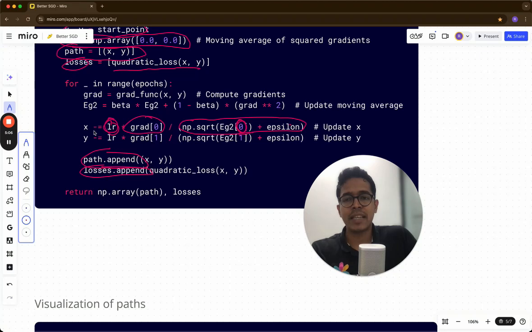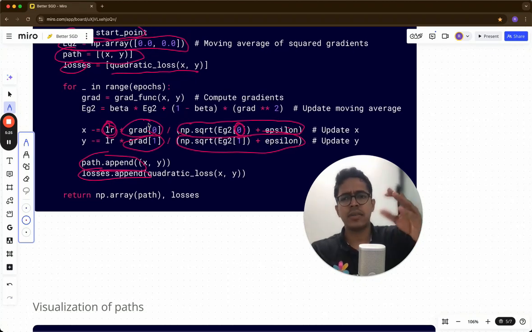So x equal to x minus learning rate divided by square root of the moving average of square of gradient, square root of that plus epsilon, and y equal to y minus learning rate divided by this guy times gradient of the loss function along the y direction.